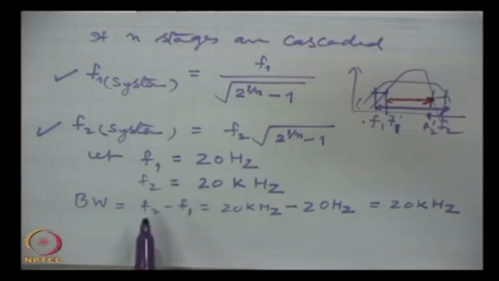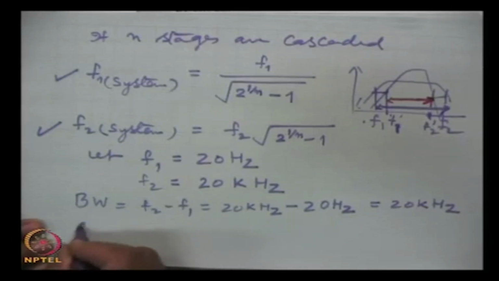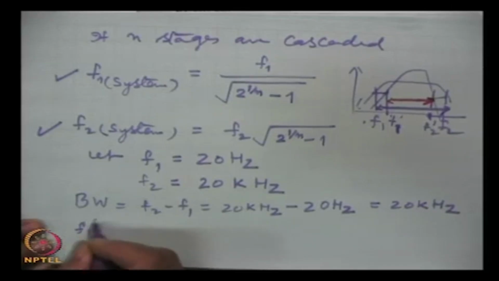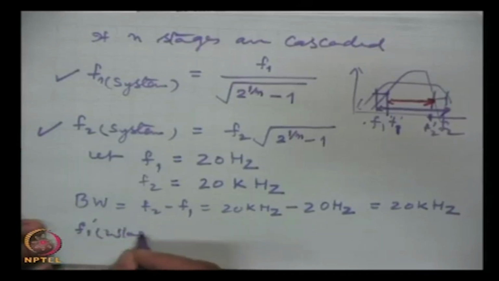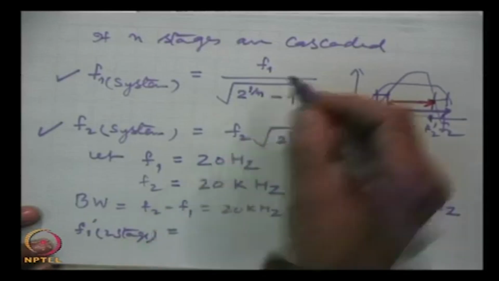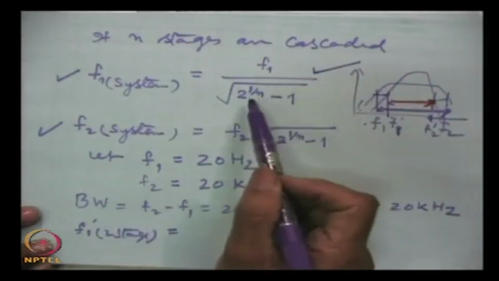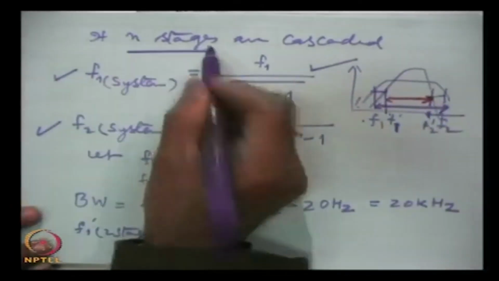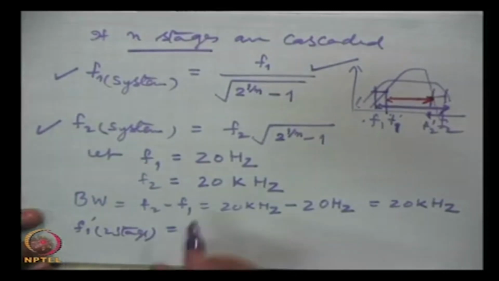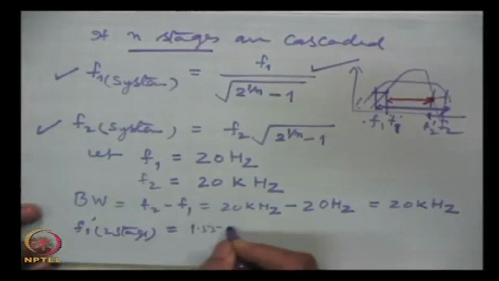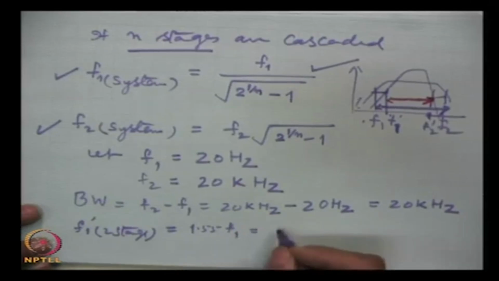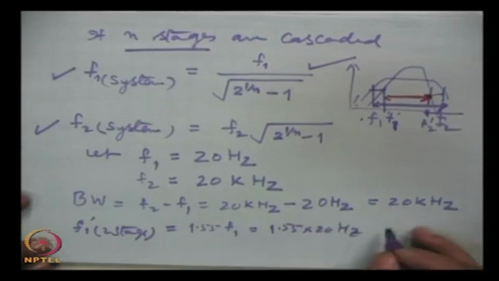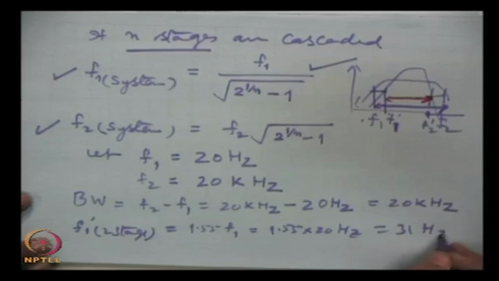Now, suppose two stages are cascaded, then F1 for the two stage amplifier, from this expression, 1 by n becomes equal to 1 by 2, because n is the number of stages. So, that gives 1.55 F1, that is 1.55 into 20 hertz, and it comes out to be 31 hertz.